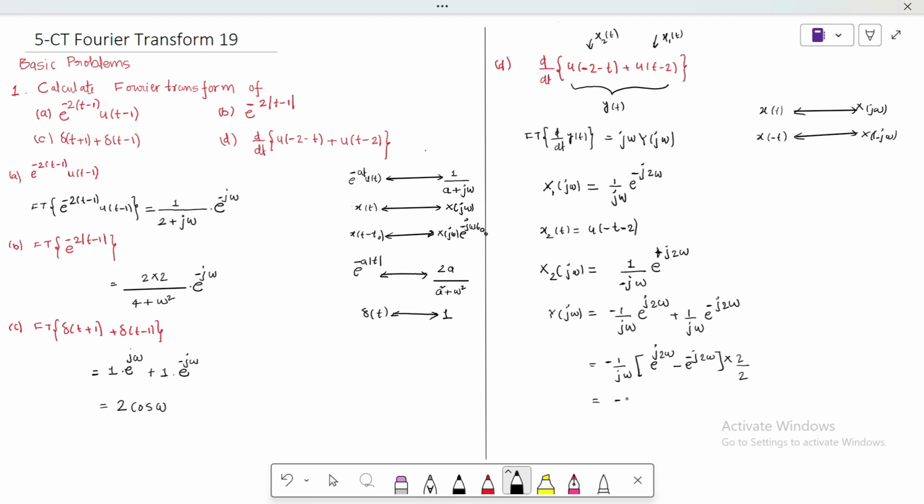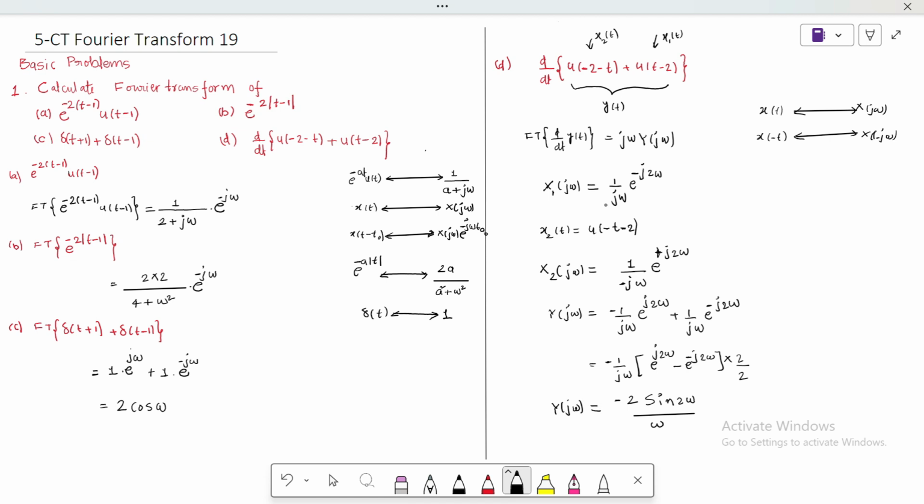So minus 2 sine 2 omega by omega. So this is Y of j omega. This is only the Y of j omega value.